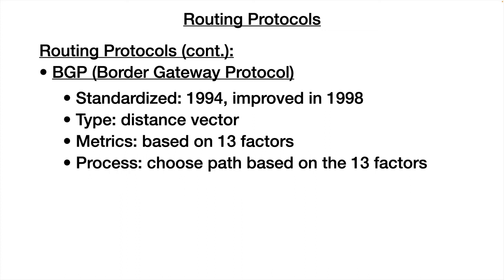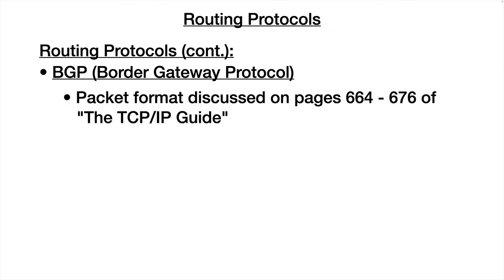Now, this isn't so much a calculation as like a flow chart. Prefer this over this. If this is true, send the packet out this way. So it's a pretty complex process to talk through. This is covered on pages 664 to 676 of your textbook.